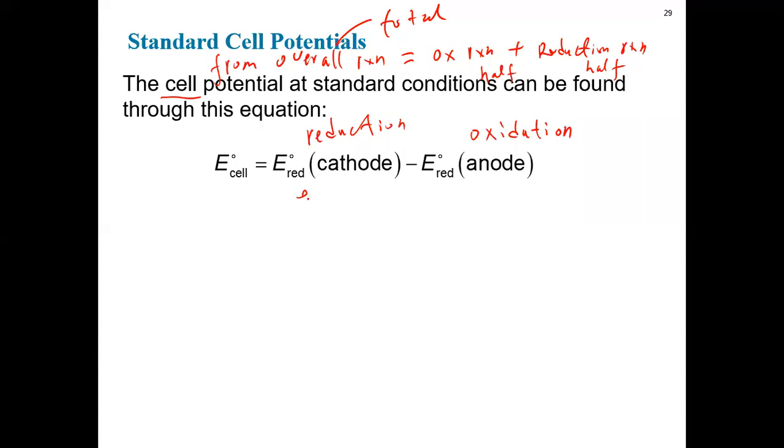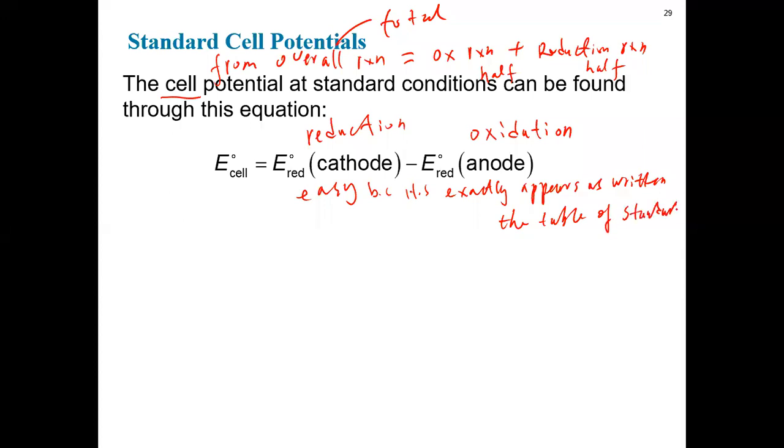This is easy because the way you write the equation for the cathode reduction reaction appears exactly as written on the table. What table? The table of standard reduction potentials.